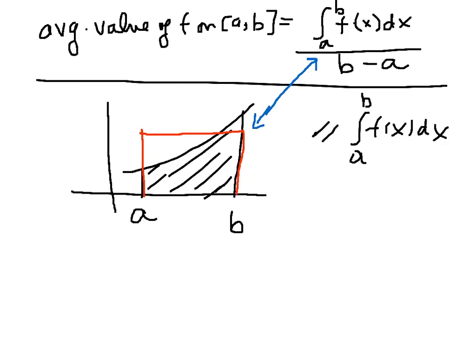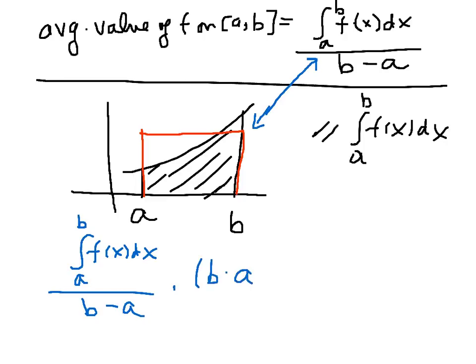So, if I take that height and multiply it by the base, which is b minus a, I'm essentially taking the integral from a to b of f of x dx over b minus a, that's this height, and then if I multiply it by the base of this curve, which is b minus a, what I get is the area under the curve.